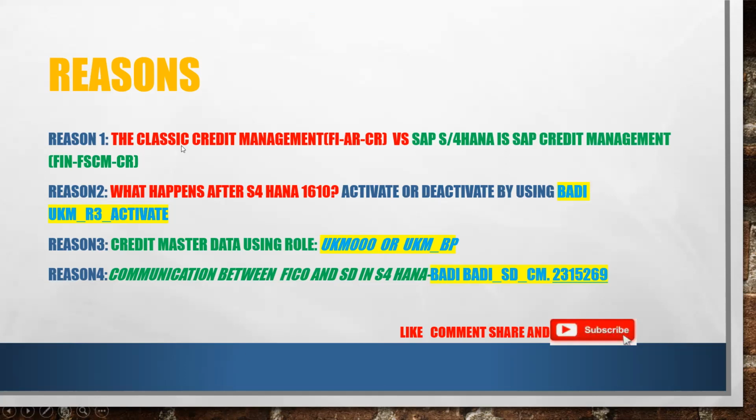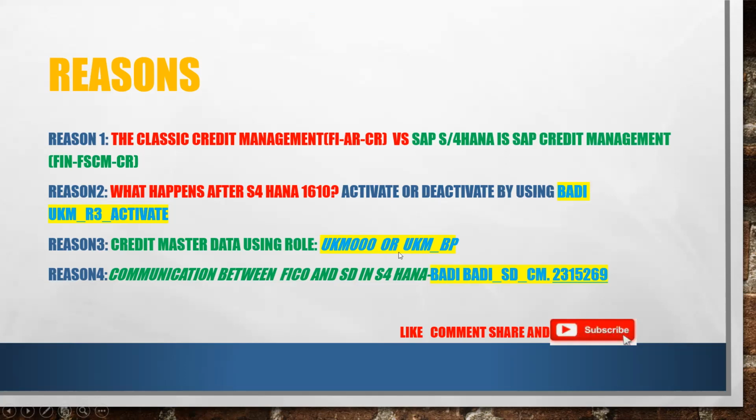Everything has been moved here, but there should be some connection between these two. Otherwise, you cannot use those functionalities at transaction level, and internal table communication is needed. For that, you have to activate this BC set SD_CM, credit management. This is the SAP note. So these are the key differences.